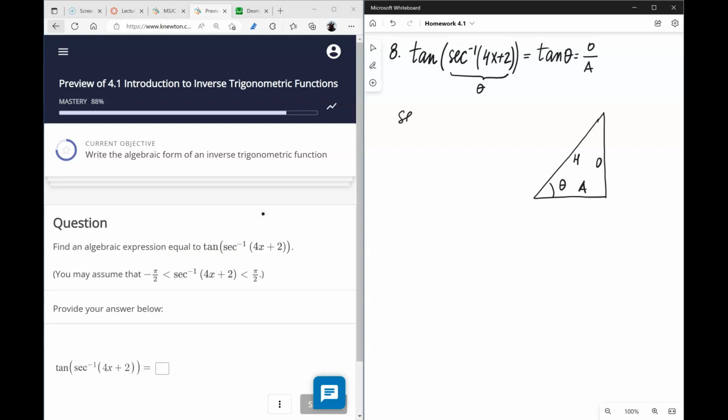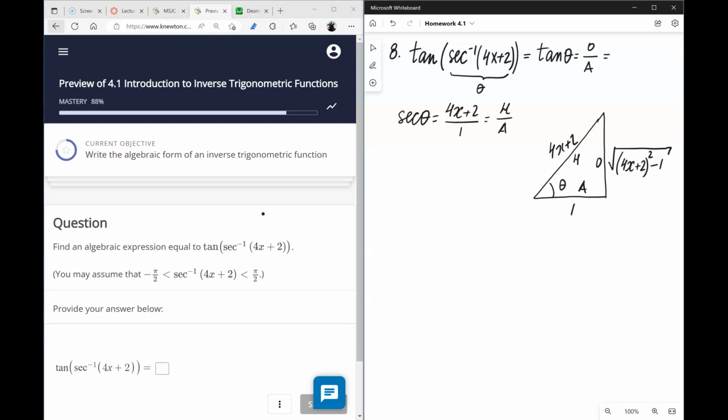Now we're going to use the fact that secant theta is 4x plus 2 over 1, and the fact that secant theta is hypotenuse over adjacent. And I'm going to label the hypotenuse as 4x plus 2 and adjacent as 1. Then I'm going to use the Pythagorean theorem to find the opposite side.